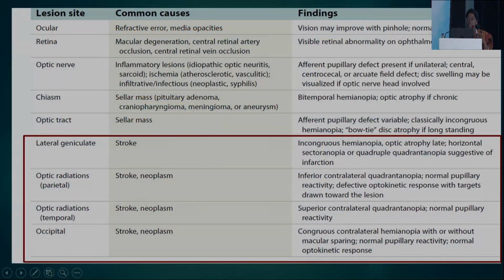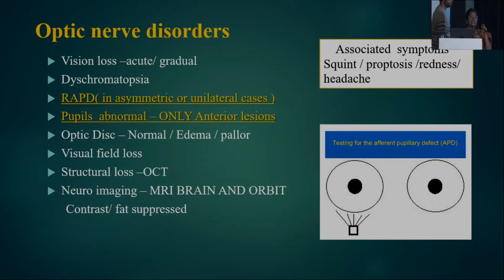If it is going to be a bilateral dysfunction, you will see a sluggishly reacting pupil. Don't expect a relative afferent defect in a bilateral optic pathway lesion. If it is asymmetric or a monocular optic pathway dysfunction, you can expect a relative afferent defect. And there's one more condition where you can't expect a relative afferent defect. When?